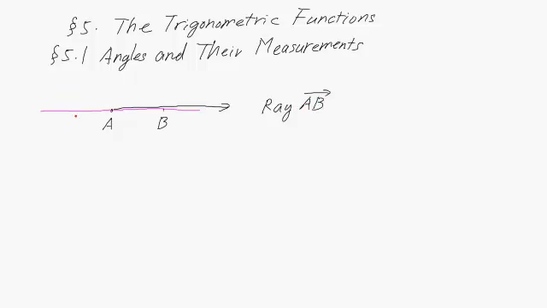And if you pick 1 point on the left side of this A, then you can have the ray AC. So you may roughly think of a ray as a half line. So this is just a half line.